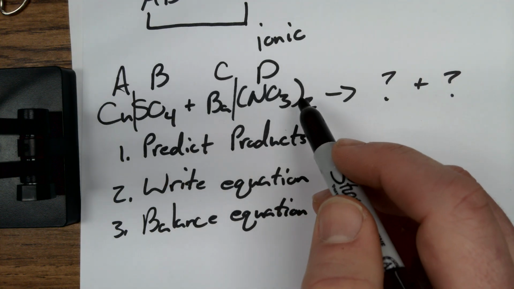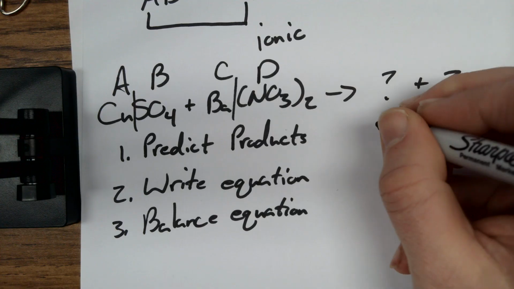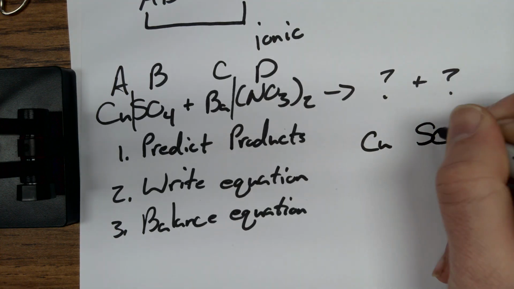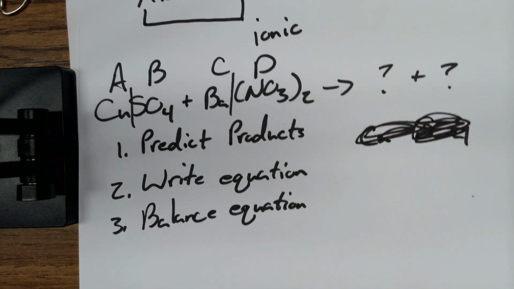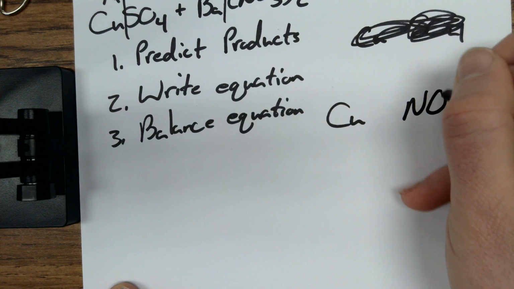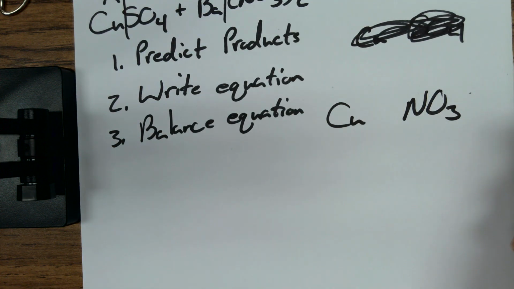Copper and the nitrate, right? All right. So I got Cu and NO3. What is my charge on my nitrate? Is it a -1, a -2, a -3, or a -4? What is the charge on my polyatomic ion? A -1.